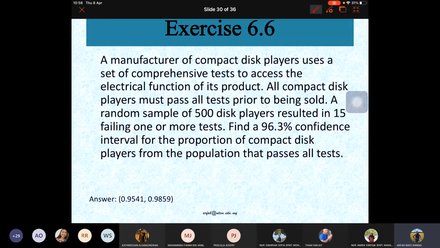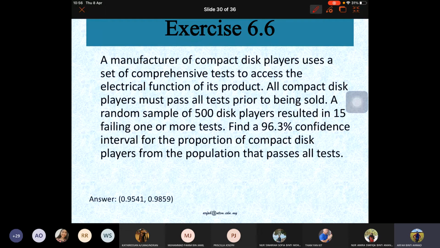All compact disc players must pass all tests prior to being sold. A random sample of 500 disc players resulted in 15 failing one or more tests. Find a 96.3% confidence interval for the proportion of compact disc players from the population that passes all tests.